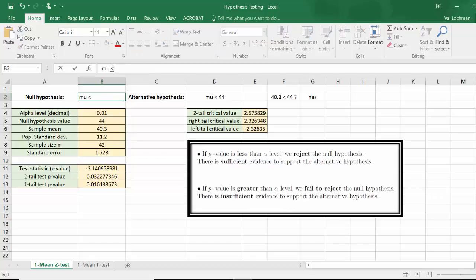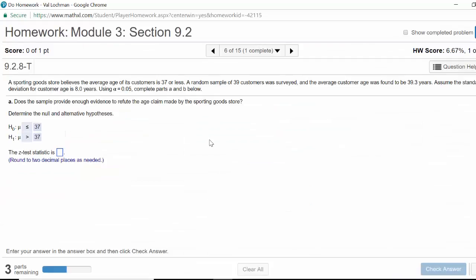They want to see if the actual average age is greater than 37, right? So that's my setup over here. Let's go ahead and delete this. And I'm going to say, is 39.3 greater than 37? The answer is yes. Is it significantly greater? We'll find out. So now let's change all of our numbers.